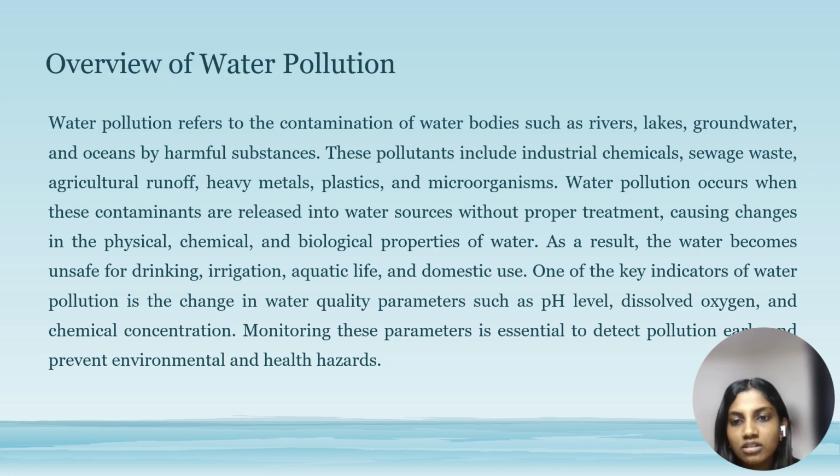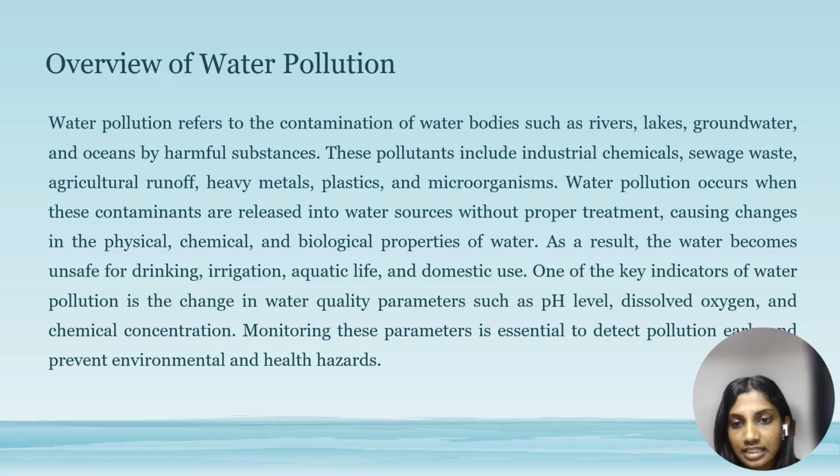Water pollution occur when these contaminants are released into water source without proper treatment. So, this causes changes in the physical, chemical, and biological properties of water. As a result, the water becomes unsafe for drinking, irrigation, aquatic life, and domestic use also.